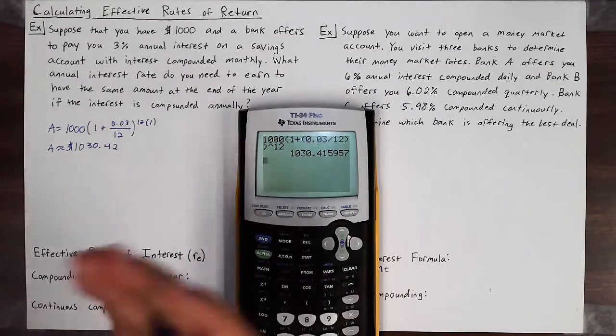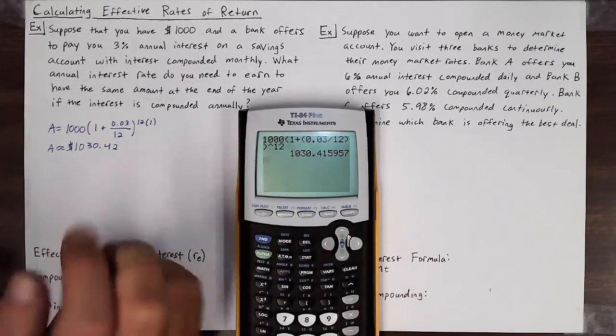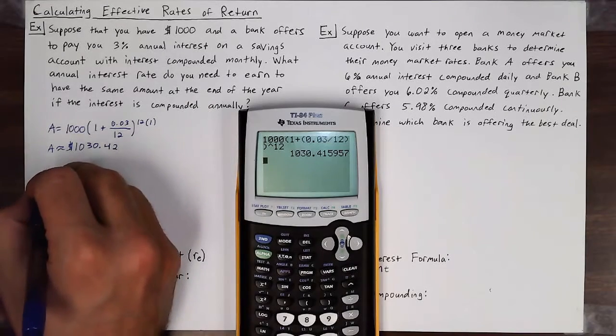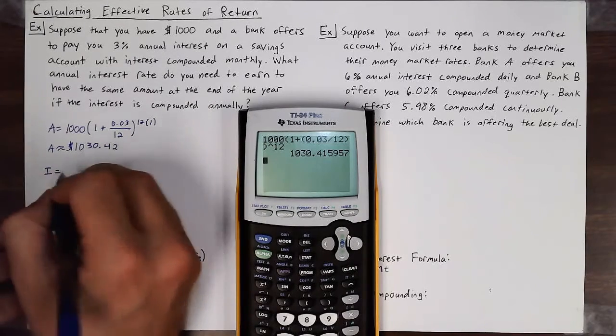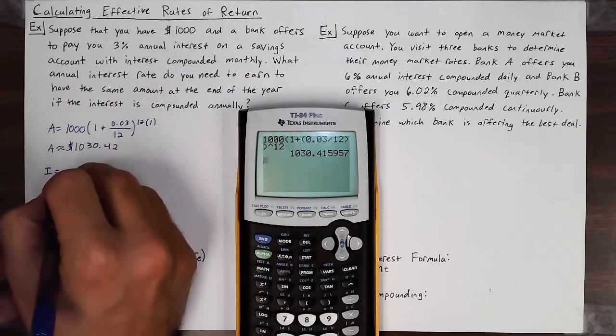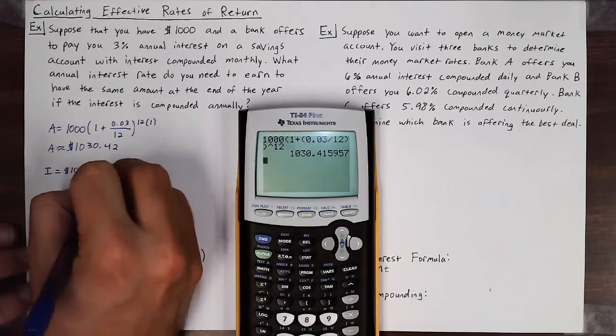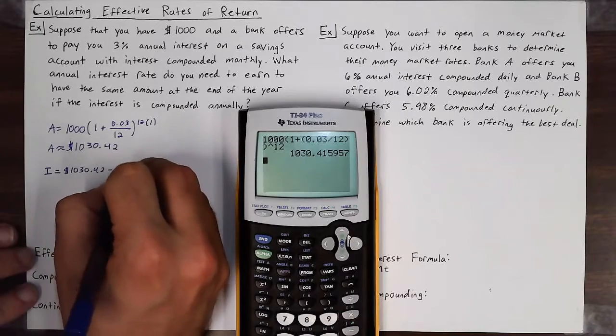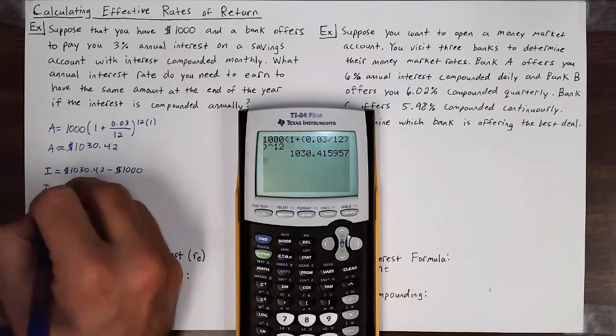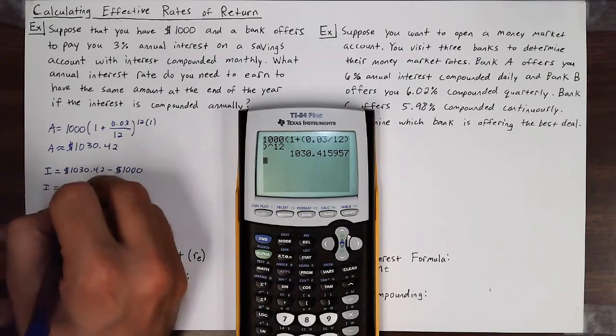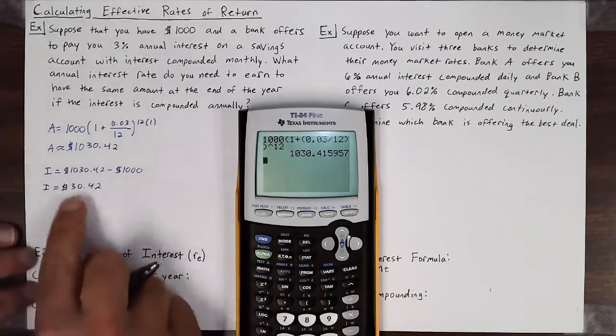So how much interest did we make just now? The interest I made on this was $1,030.42 minus the original $1,000, which would be $30.42. So that's how much interest I made.